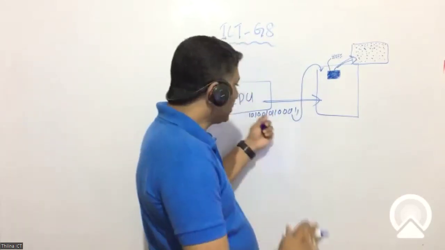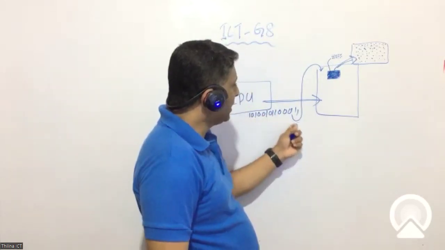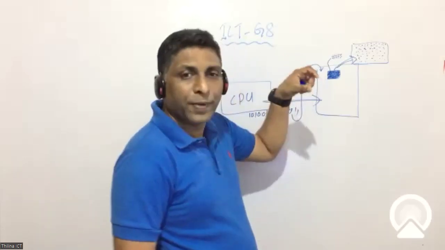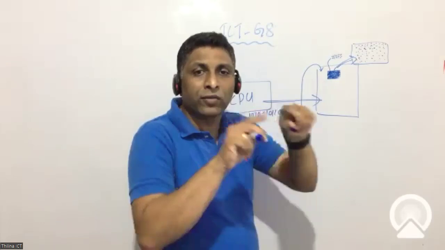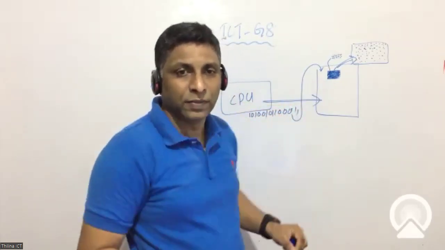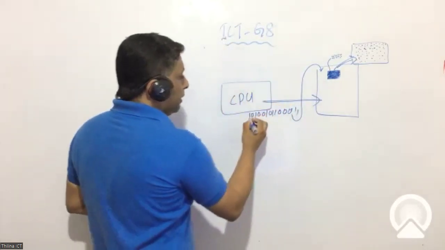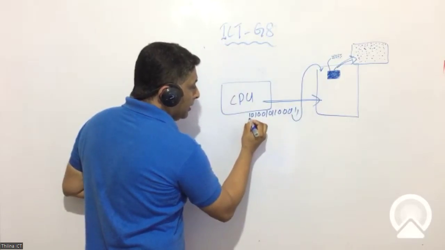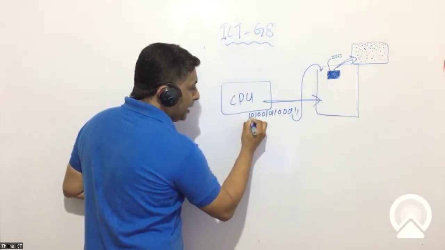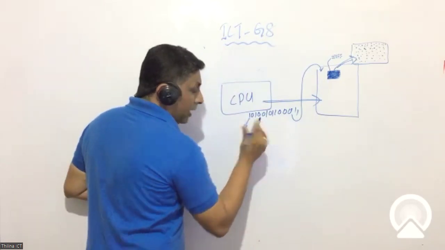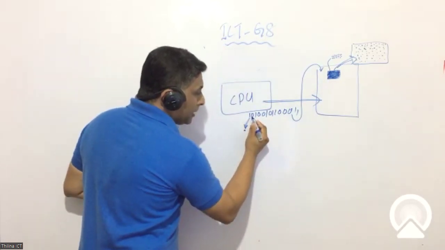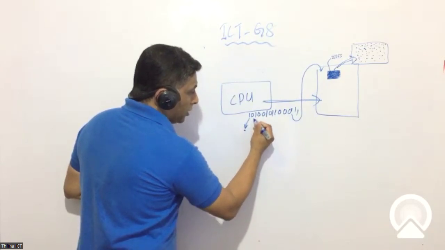Just understand that the computer is sending this kind of signals and the printer can understand this, and accordingly it will eject the ink. As an example, if the printer gets 1, it will put 1 dot. If it gets 0, no dot.